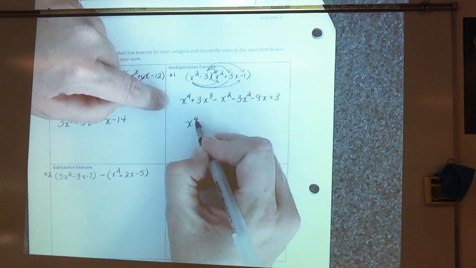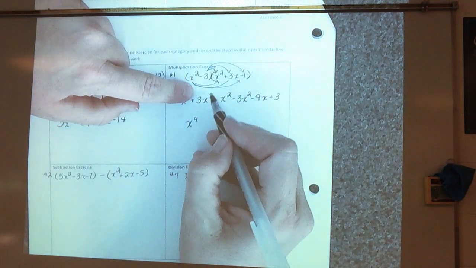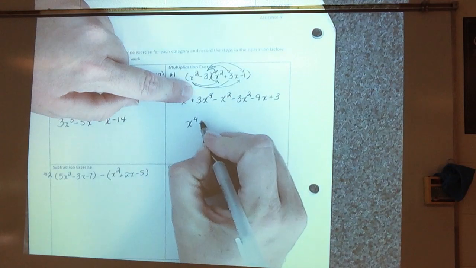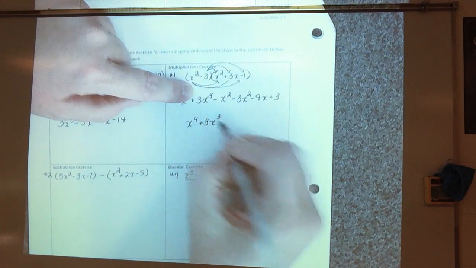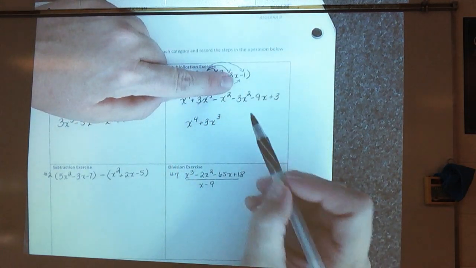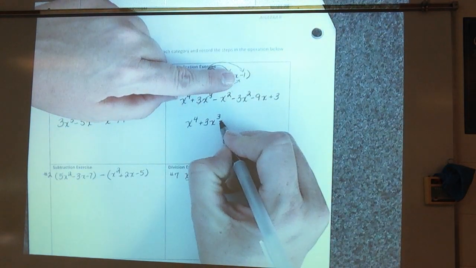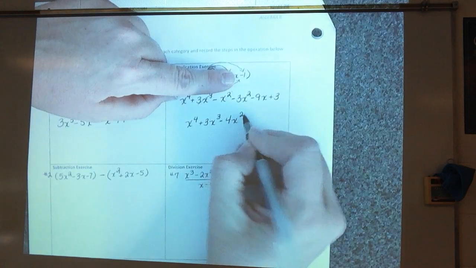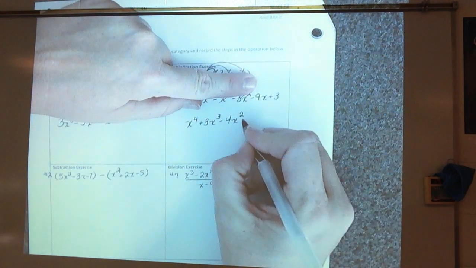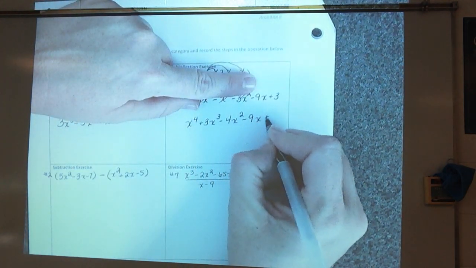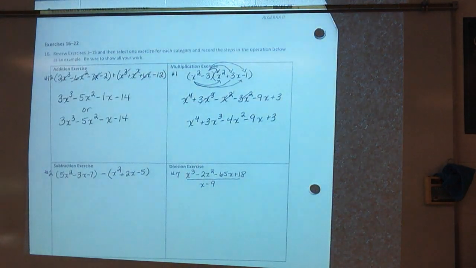That's all the x to the 4th I have. I'm going to look at my x cubes. I have 3x cubes. I'm going to combine my x squares. I have a negative x squared and a negative 3x squared. So that would be negative 4x squared, minus 9x plus 3. And now I'm finished because I've combined all my like terms.